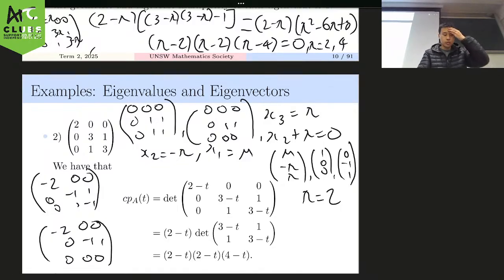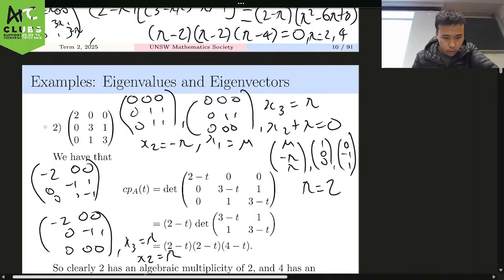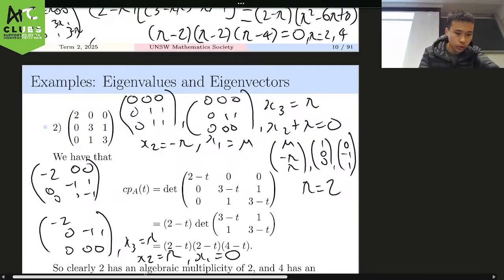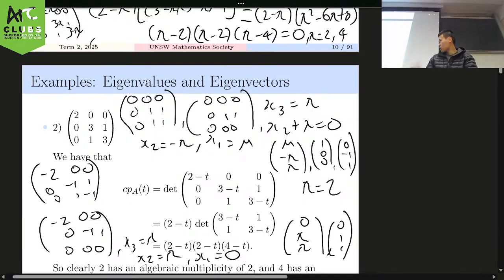We've got 2 leading columns, so we should get one vector in the kernel. x3 is lambda, x2 is also lambda, and x1 has to equal 0, because minus 2 times x1 is 0. So in the end we have 0, lambda, lambda, or just 0, 1, 1. That should be the eigenvector associated with lambda equals 4.